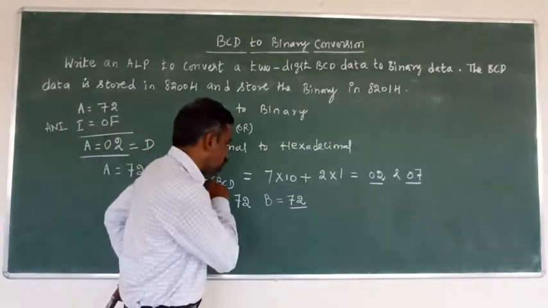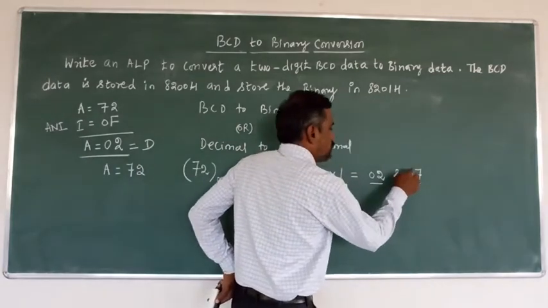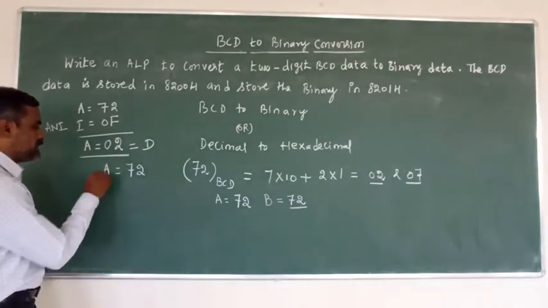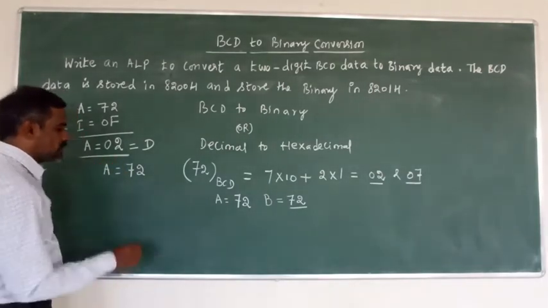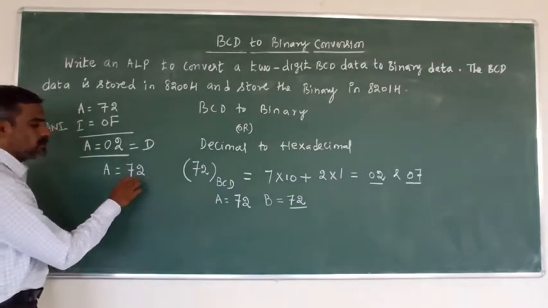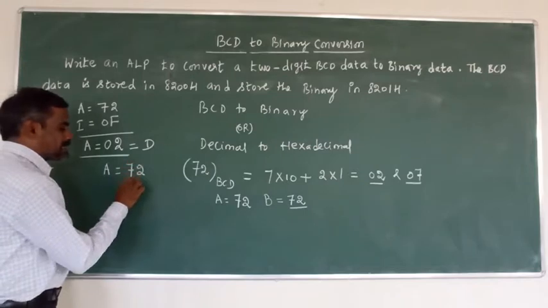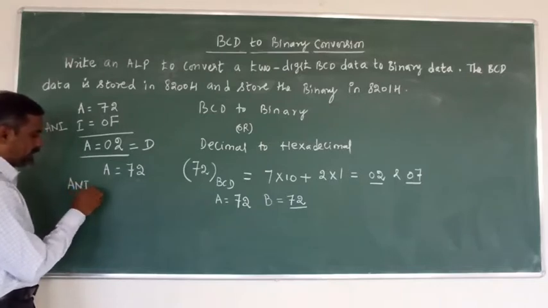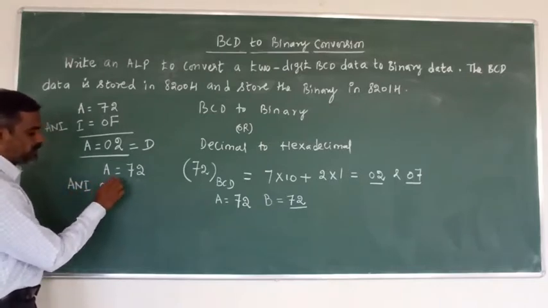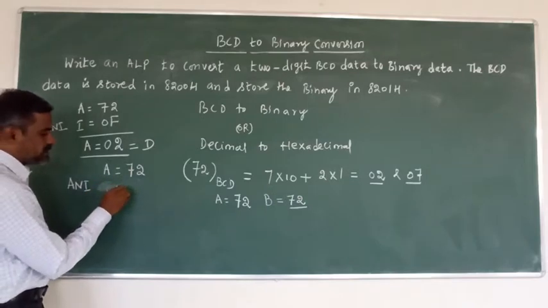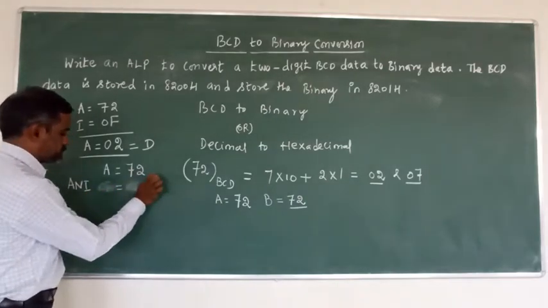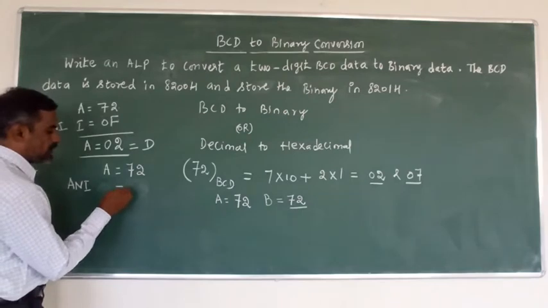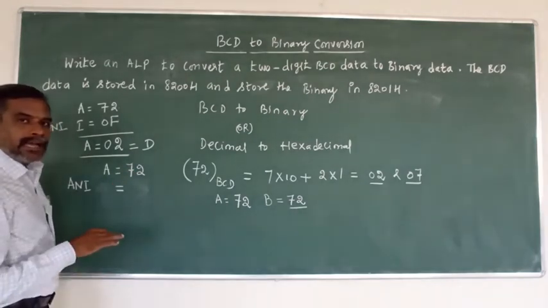Now the 72 we have to make into 07. For that, we have to mask the least significant 4 bits to 0 and keep the 7 as it is.